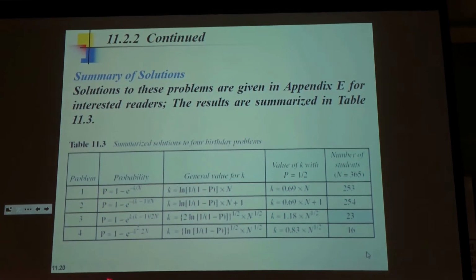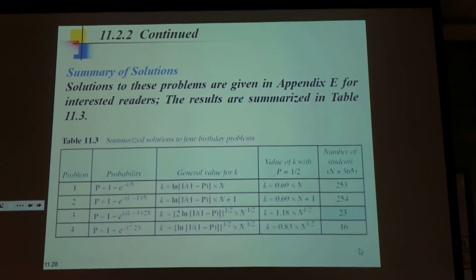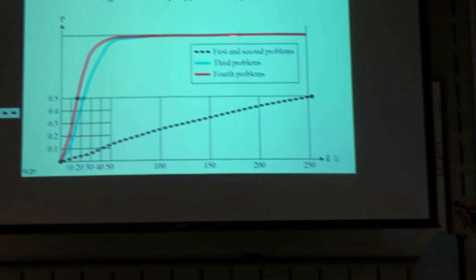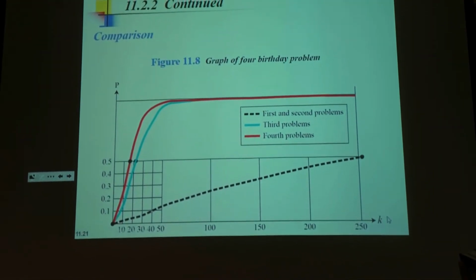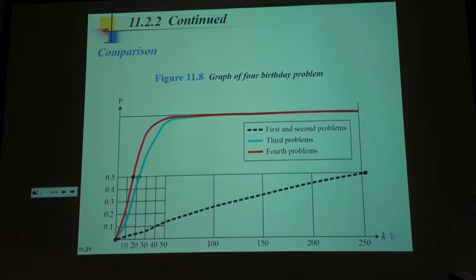This is the second problem, the third problem. That's what it means in the table. Clear? Alright, so you see in here the graph for the 4 birthday problems. In here, the first and second problem, and this is the third problem, this is the fourth problem.